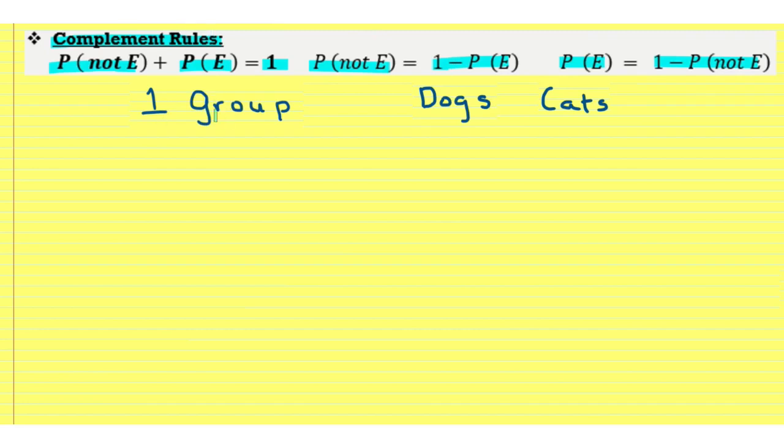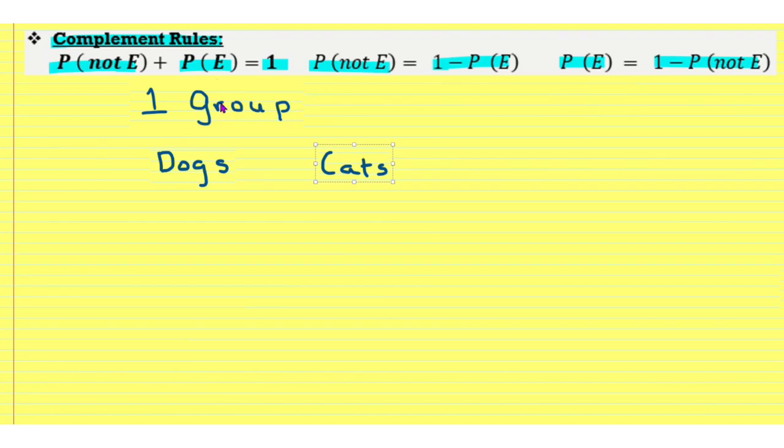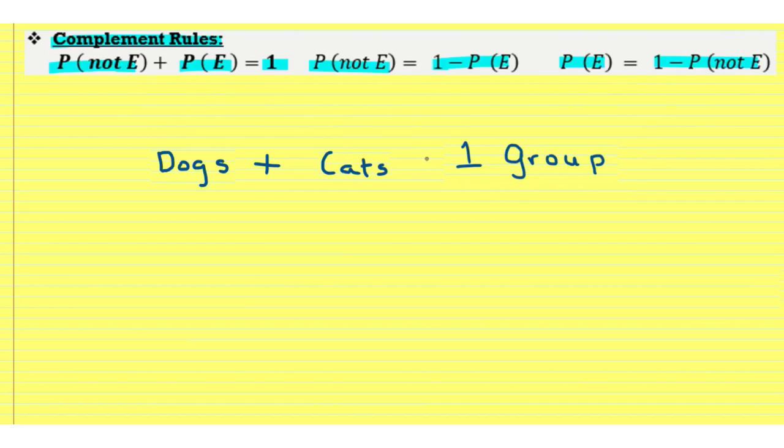If I have one big group, and in that group there are dogs and cats, then all the dogs and cats would add up to the total number of dogs and cats in the group, right? So let's write it like a math problem. I've got some dogs, I've got some cats, and if I add the dogs and the cats together, it will equal how many dogs and cats are in one whole group. Now we've turned it into a math problem. Let's solve for the dogs.